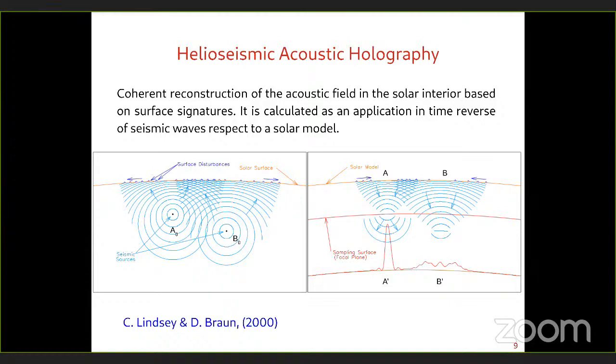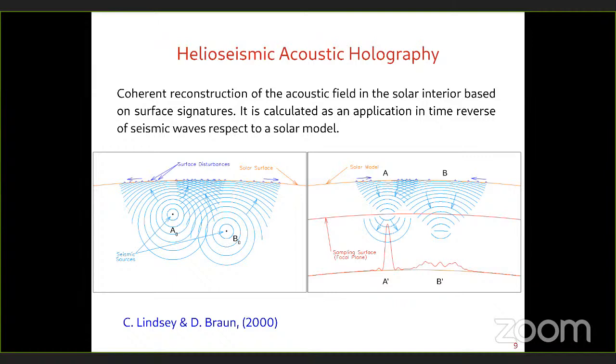Each one of these sources propagates waves in all directions, hitting the entire sun, and eventually part of these wavefronts are seen in the surface as expanding ripples traveling in the sun's surface. By making calculations with acoustic holography, I'm going to be using the holographic technique, acoustic holography.